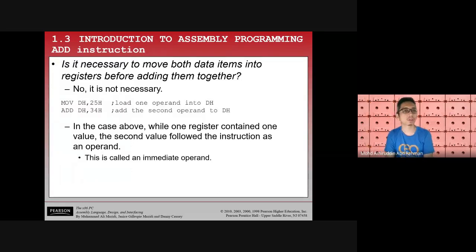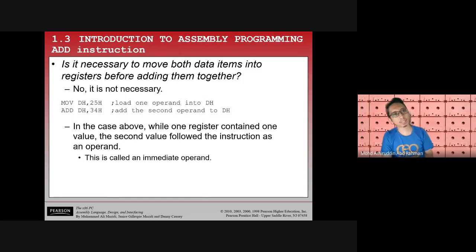For example, DH has not been given any value. Now we move 25 into DH, so DH becomes 25. And then we want to add another value to that DH. So we add DH, comma, 34. So now DH is 59.